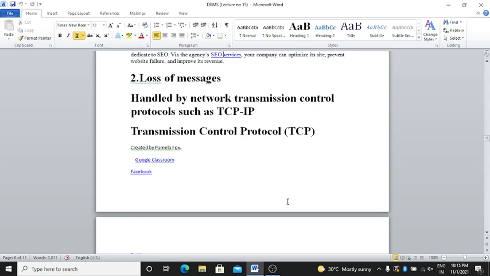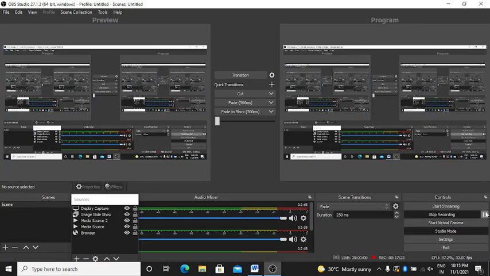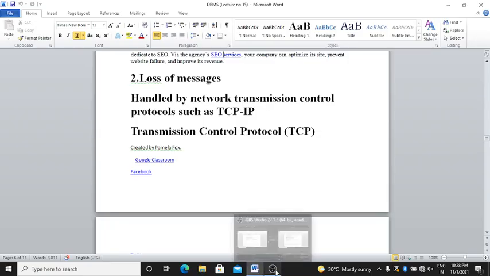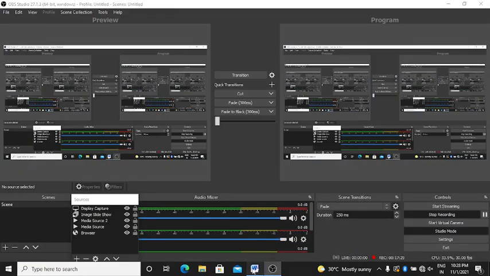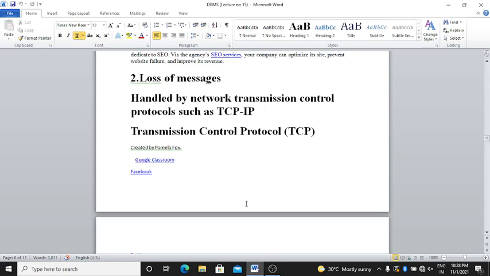The loss of messages is handled by the network transmission control protocol, such as TCP/IP.